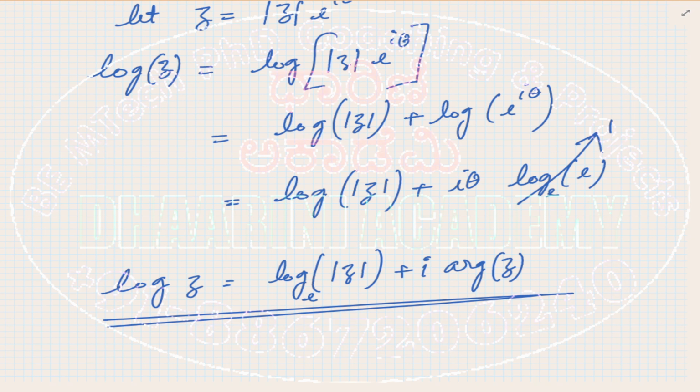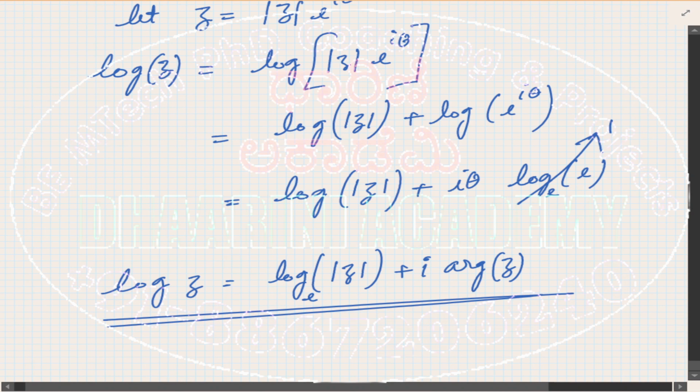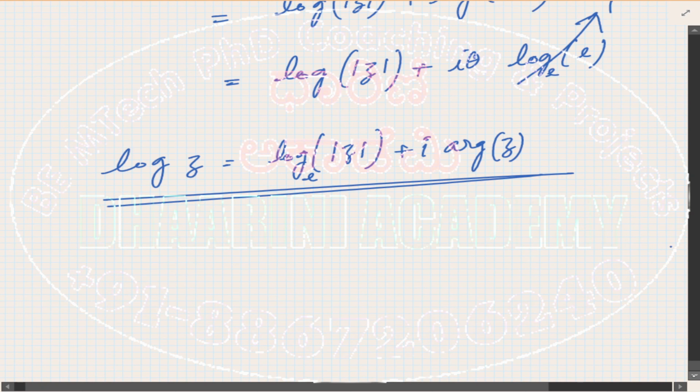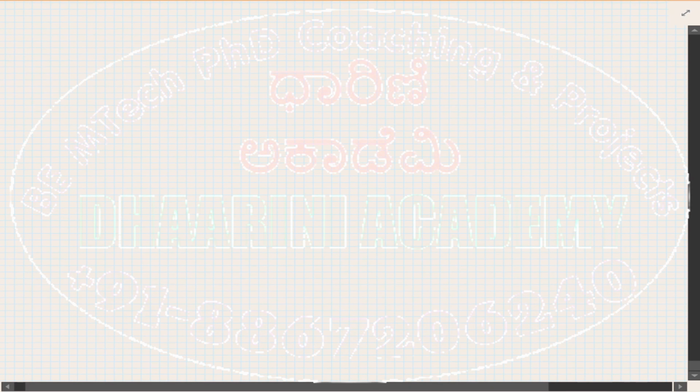Okay, now let us try to solve some basic problems. First one, z1 is equal to 8 minus 3i. z2 is equal to 1 minus 2i.